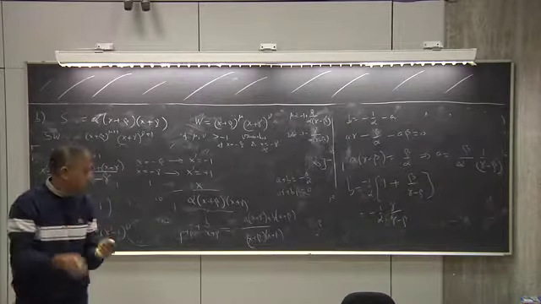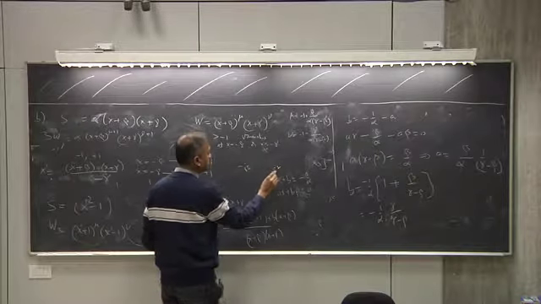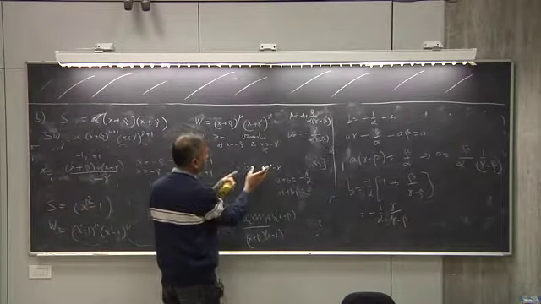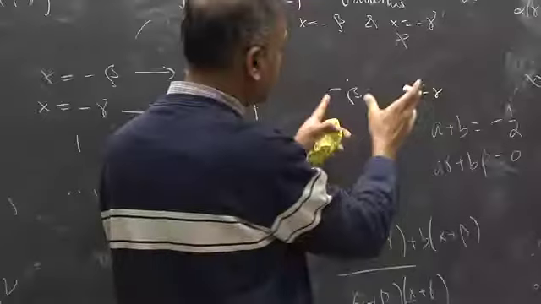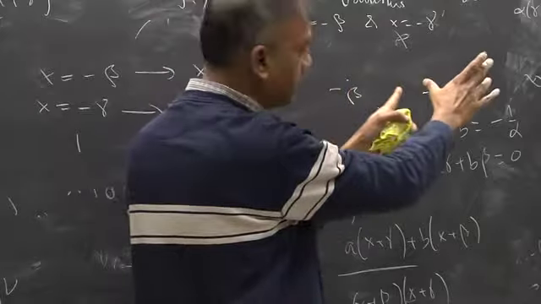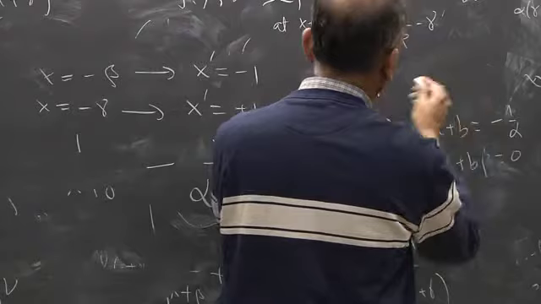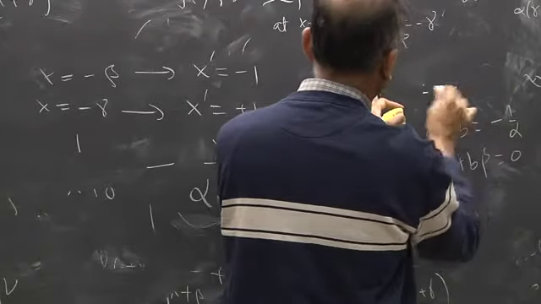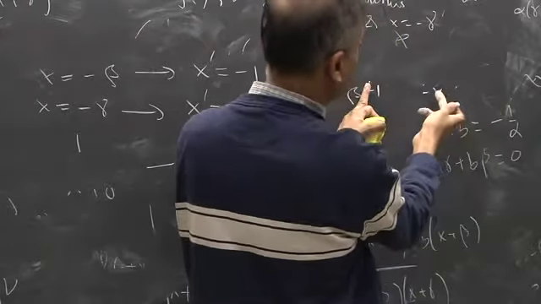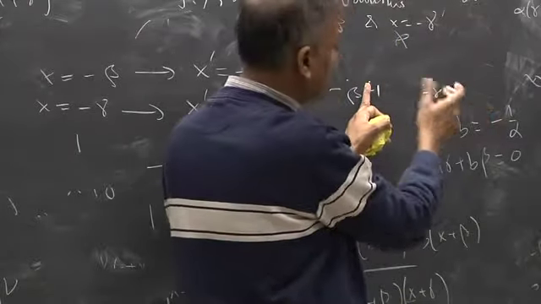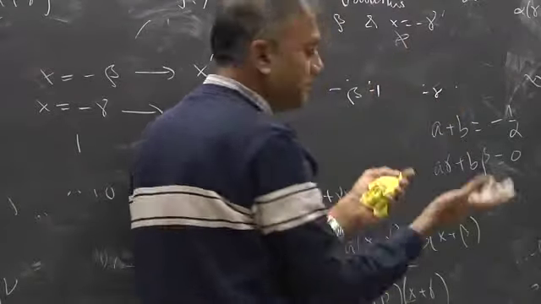So if I'm given an interval, suppose minus beta is here and minus gamma is here, and you want to bring this minus beta to minus 1, I can just shift this whole thing by a suitable amount. So this point will come there and that point will come there. But that's not enough. I also want to make this minus gamma plus 1. So then I can just take this. You understand what I'm saying.